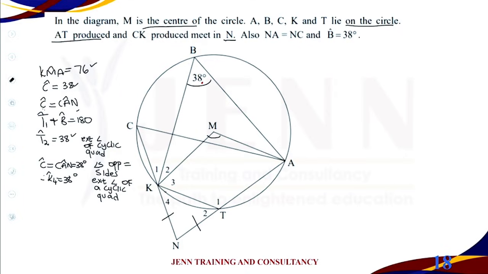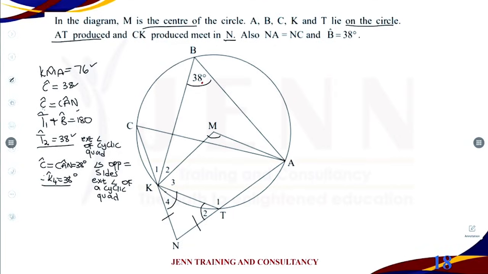So as I was saying, for us to prove that this side is equal to that side, we must prove that angle T2 is equal to angle T4. And already we have calculated the size of angle T2. The size of angle T2 is 38 degrees, and the size of angle K4 is also 38.